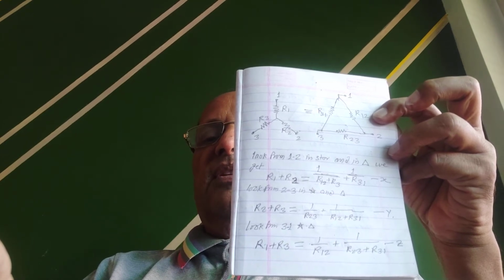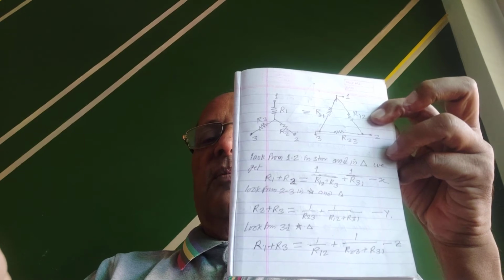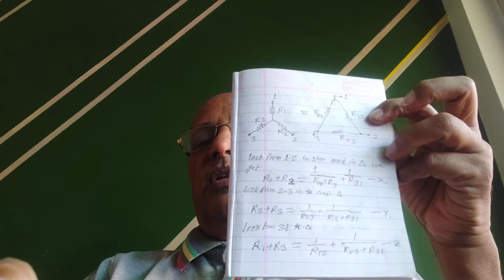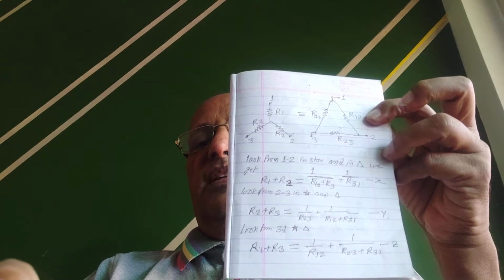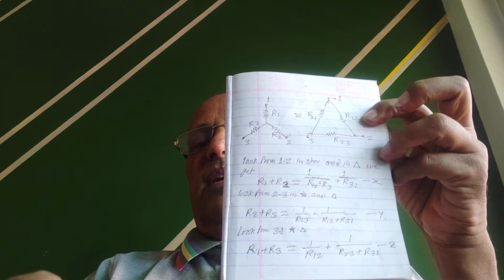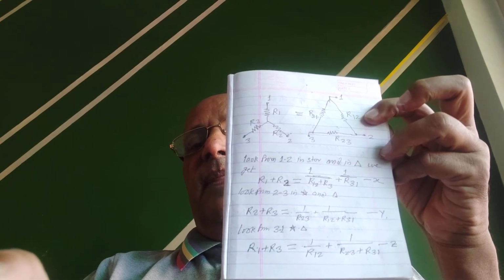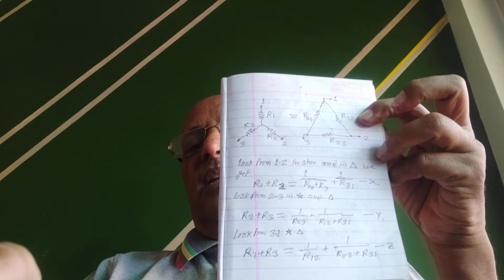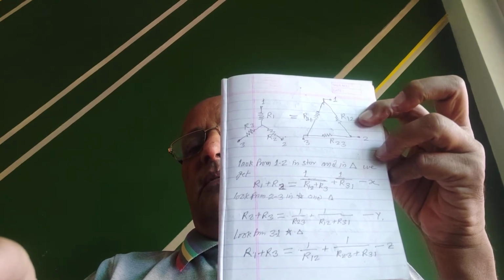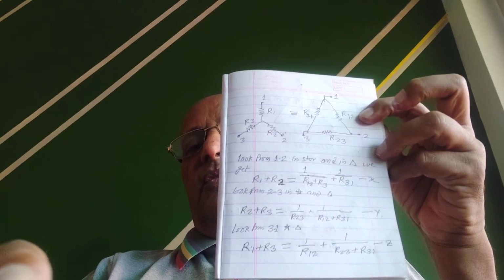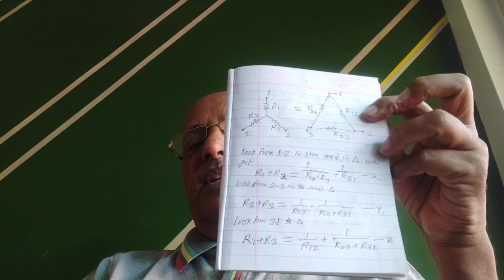Similarly, you can write the second equation when you look from terminal 2 and 3 in star, and similarly look at terminals 2 and 3 in delta. And the third equation will be looking from terminal 1 and 3 in star, and similarly in delta between terminal 1 and 3. So there will be 3 equations and 3 unknowns.